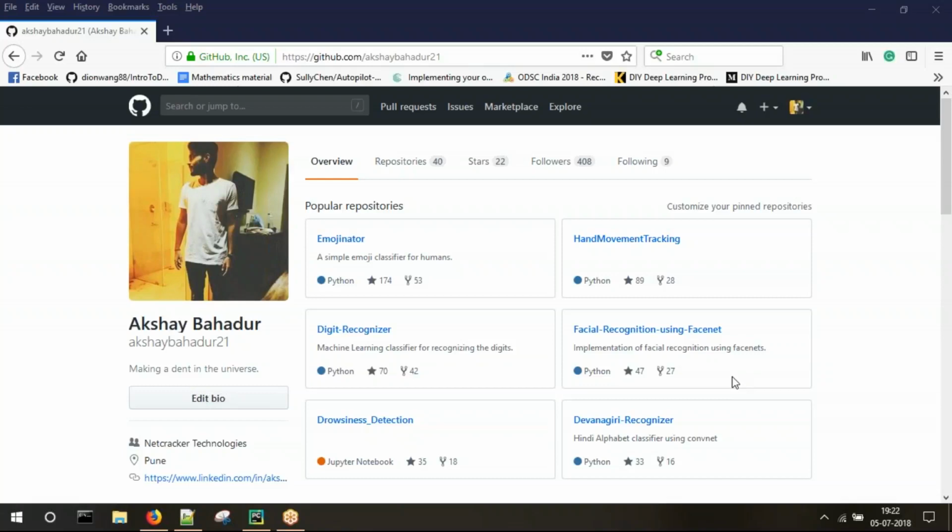If you want the pout emoji, you need to make sure your model is also classifying your lips. Lips are also an important feature. So you need to capture different features on the face, and according to that you can develop your model with the capability of face emojis.